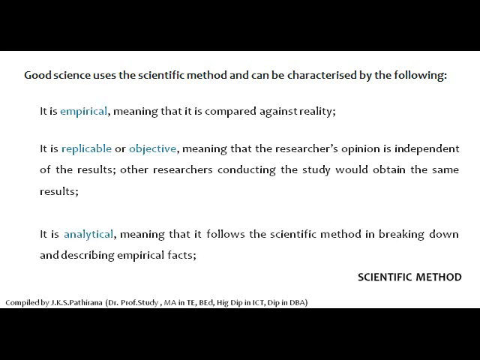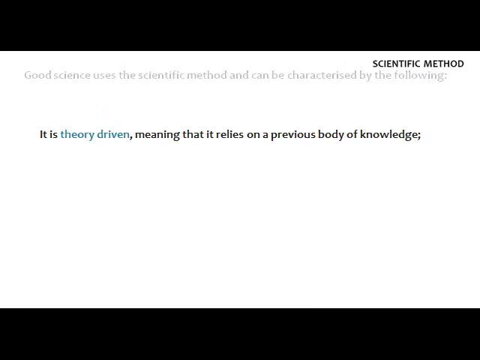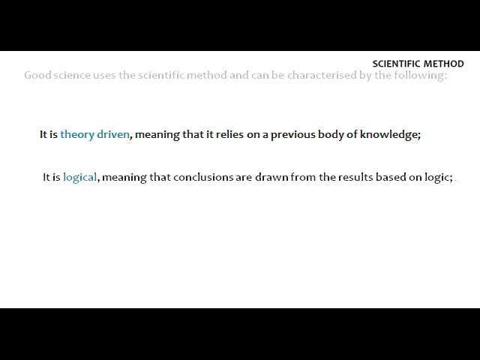It is analytical, meaning that it follows the scientific method in breaking down and describing empirical facts. It is theory-driven, meaning that it relies on a previous body of knowledge. It is logical, meaning that conclusions are drawn from the results based on logic. And it is rigorous, meaning that every effort is made to reduce error.